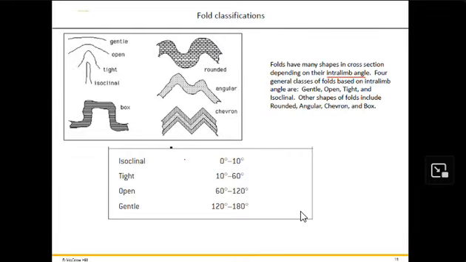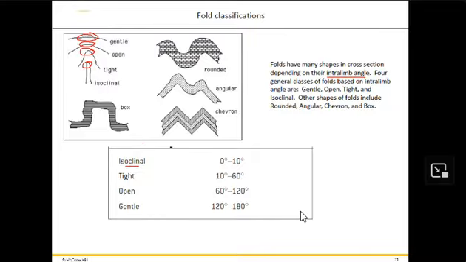Isoclinal, 0 to 10 degrees for the interlimb angle. And this is what it looks like. A tight fold, which is 10 to 60 degrees. This is what it looks like. Open fold, which is 60 to 120 degrees. This is what it looks like. And last but not the least, gentle fold, 120 degrees to 180 degrees.